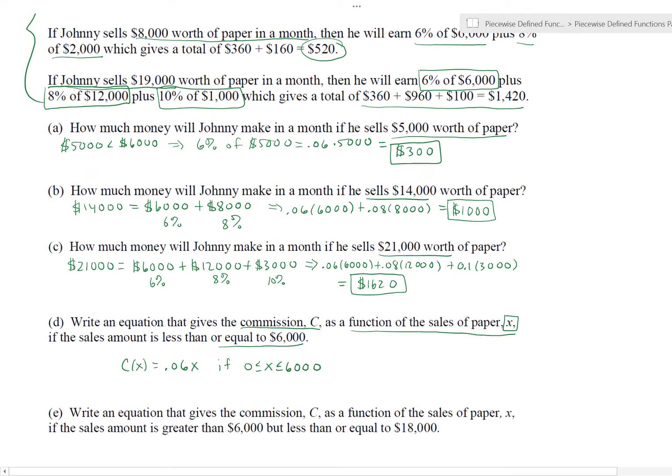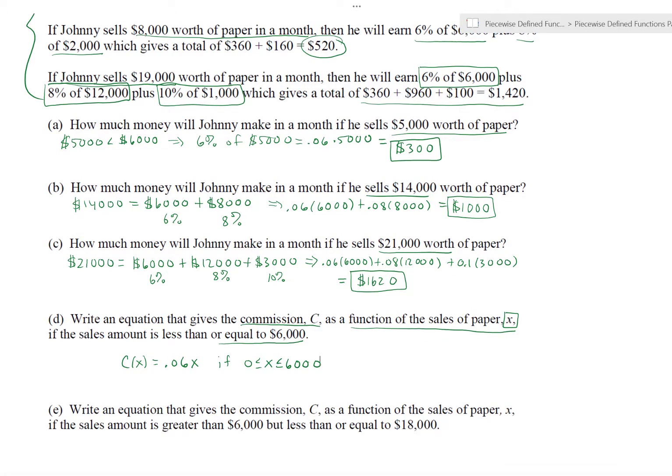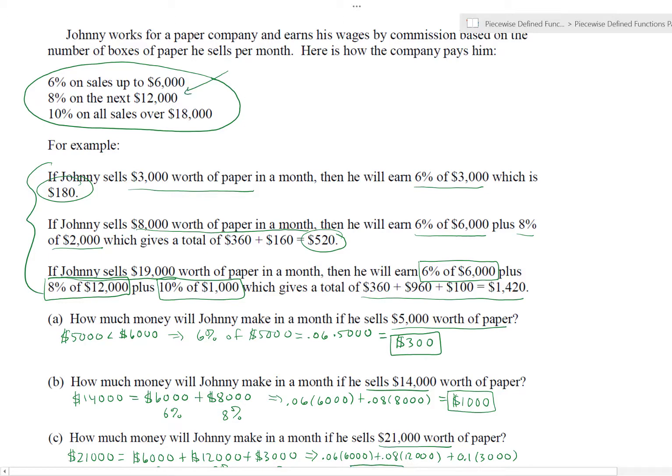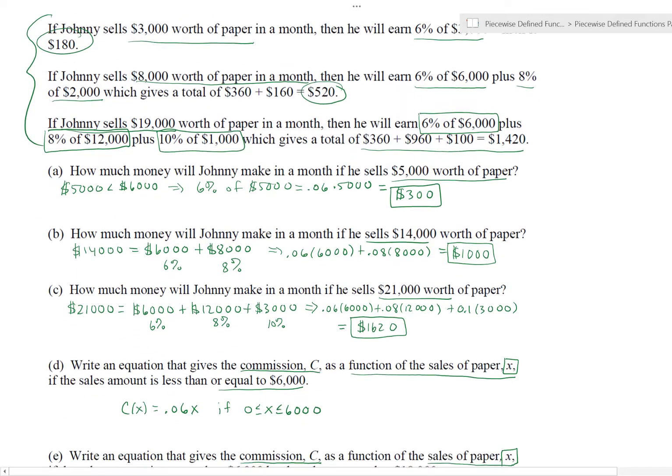We're going to do it again, but now for the second part. Let's find a formula C that gives the function, again, which is the commission based on the amount of paper he sells in dollars, greater than 6,000, but less than or equal to 18,000. So that's that second portion there. The next 12,000.